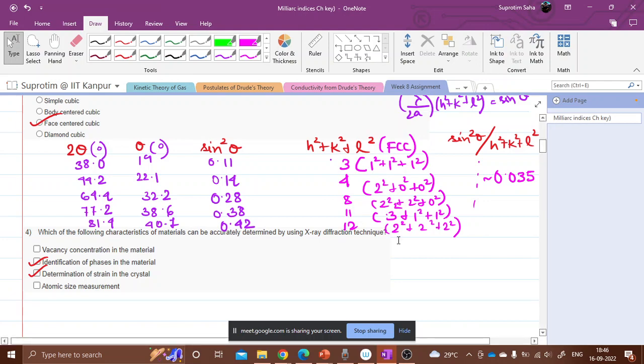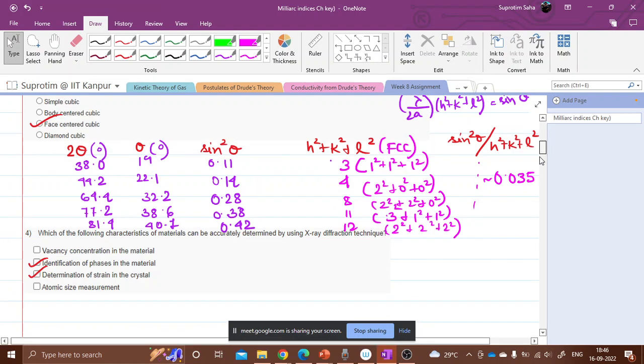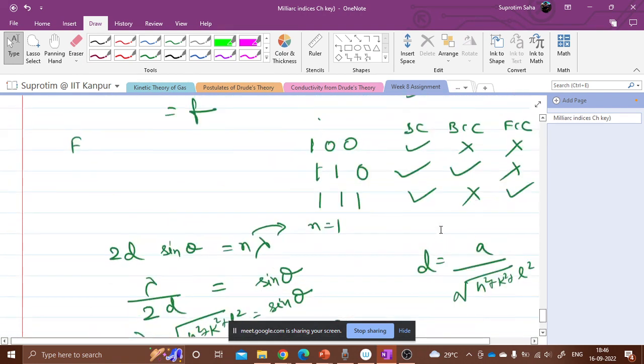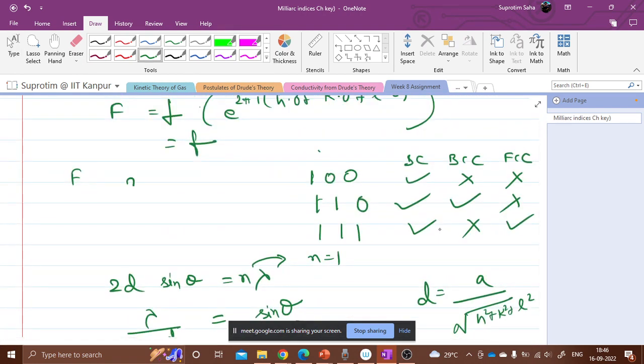So I took out this FCC example, and you just have to write down these planes. After 1 1 1, what will come? 2 0 0, then 2 1 0, then 2 1 1. Then 3 0 0 will come. In this way, you keep on writing these numbers, and you do this h squared plus k squared plus l squared. But not all of these will be allowed for BCC and FCC.